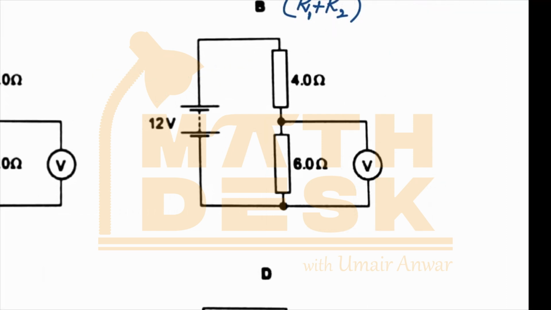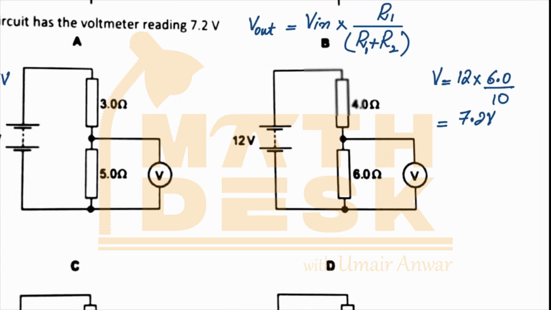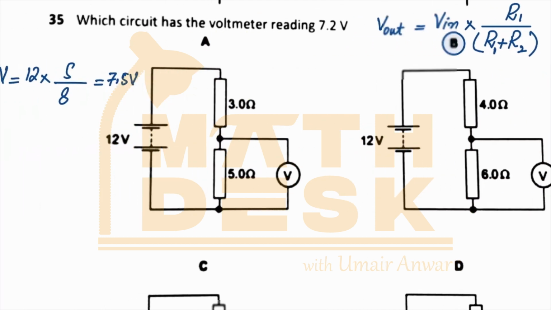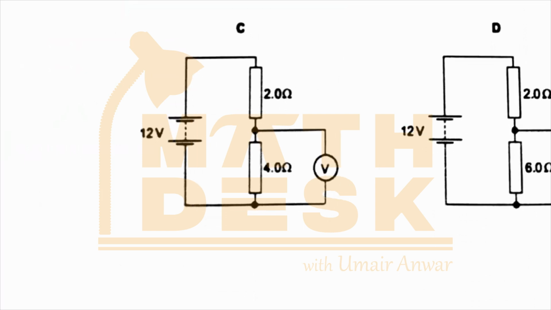In this circuit, we have V is equal to 12 multiplied by 6 divided by 10. So we have 7.2 volts for this circuit, which means that this is going to be the correct answer. Similarly, if we calculate for this one, then V is going to be equal to 12 multiplied by 4 divided by 6.